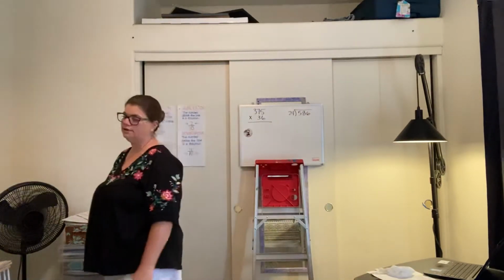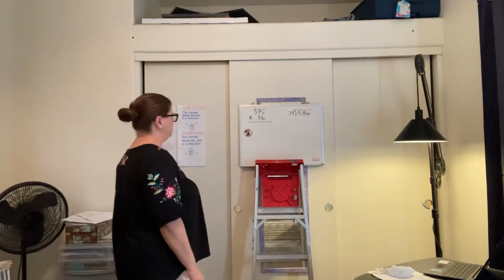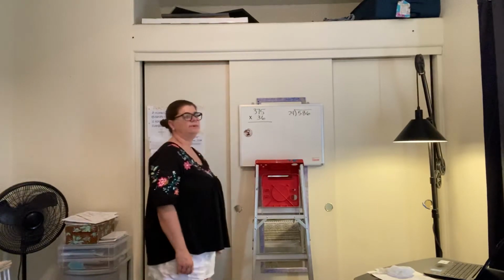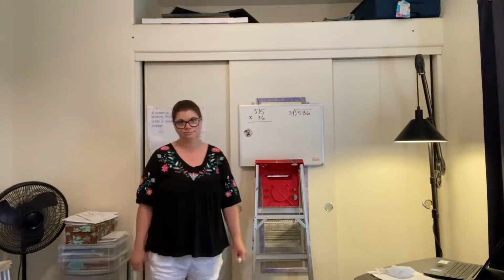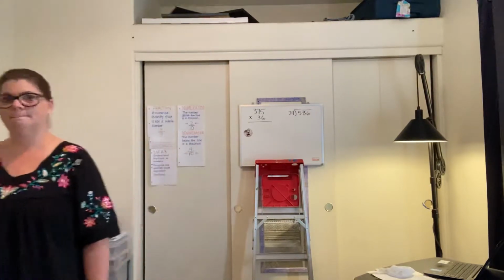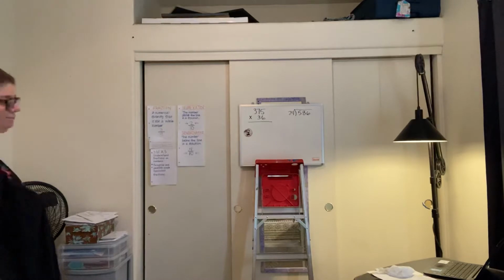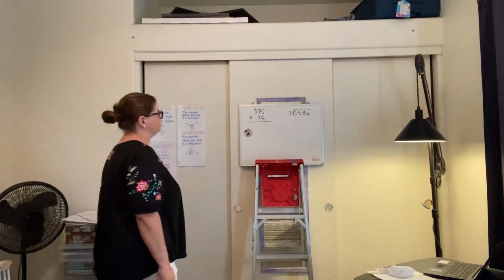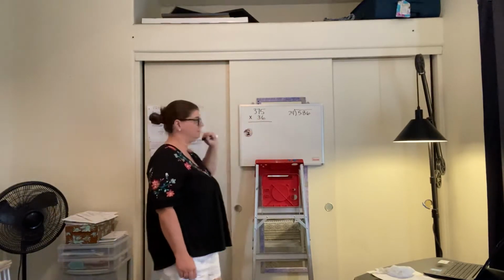Okay, make sure you get your whiteboards, whiteboard marker, and eraser. Okay, we're going to go ahead and look up at the whiteboard and get going on our bell work. Okay, remember we're multiplying by a two-digit number, okay?